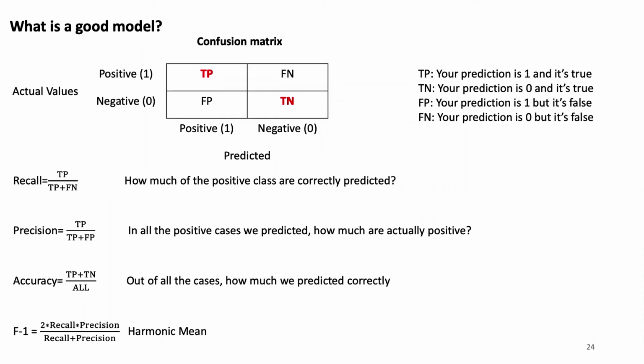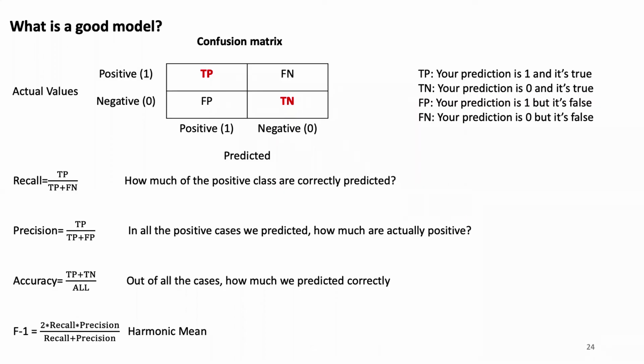And then accuracy means out of all the cases in the prediction, how many we predicted correctly, right? We want to get this value as high as possible. But which one is the best measure to tell you the performance of your model?